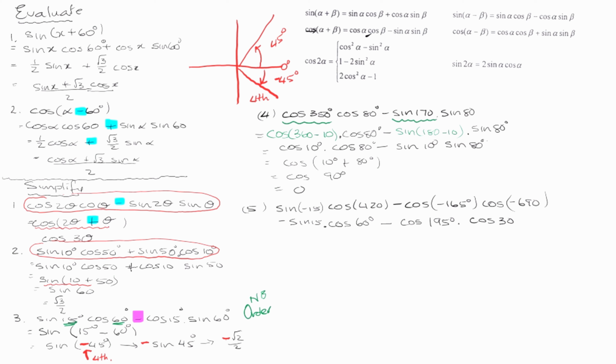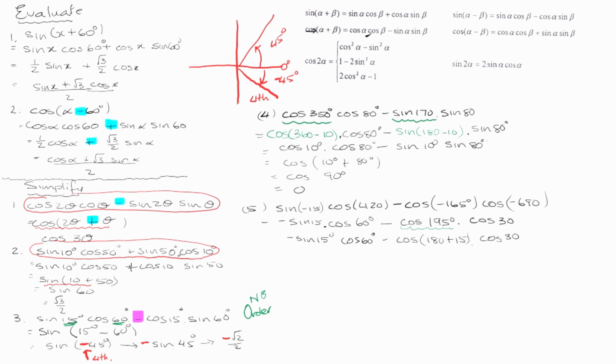Right. So before I carry on, I need to go back and sort out this angle that's not in the first quadrant. So that's going to be minus sine of 15 cos of 60. 195 is in the third quadrant, 180 plus 15, and then cos of 30.